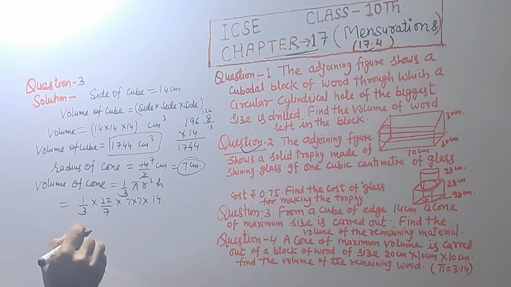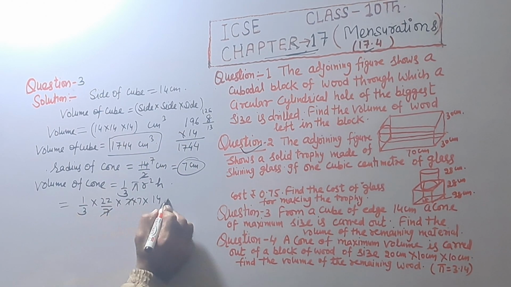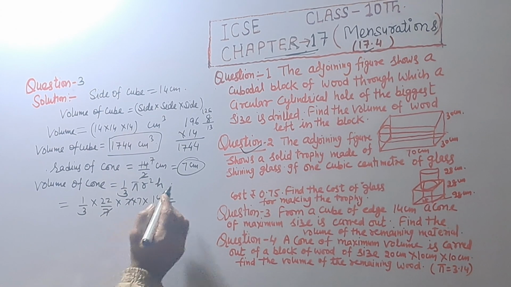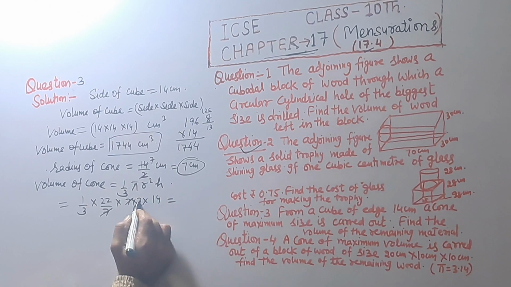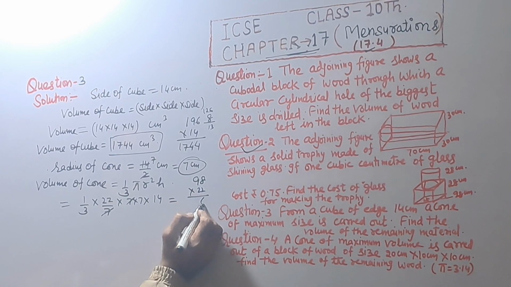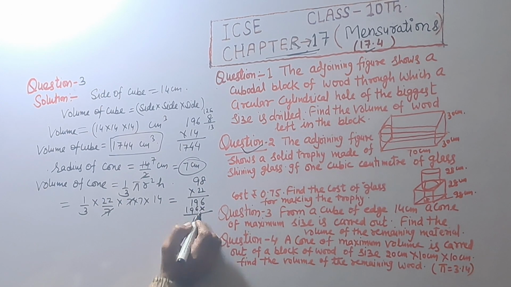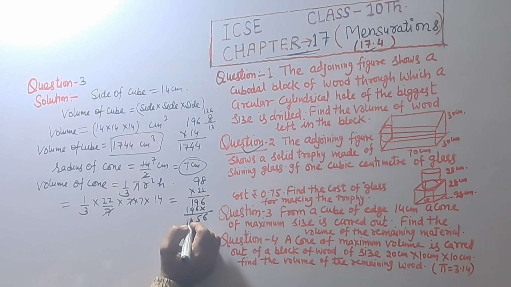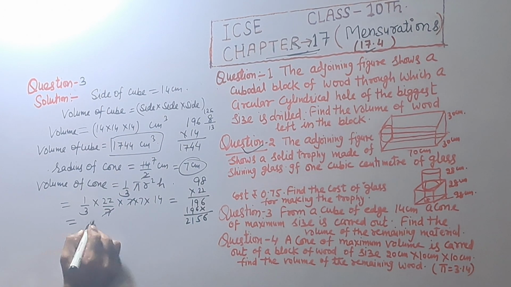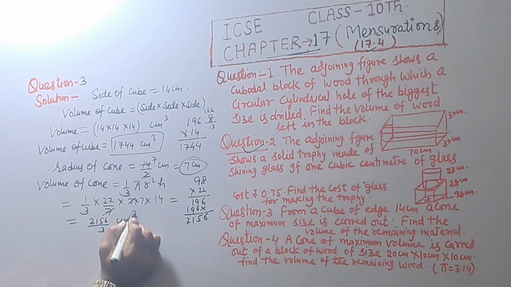Height of cone is equal to 14. This is cancelled, and we get 14 7s are 98 multiplied by 22, that is equal to 2156 upon 3 centimeter cube.